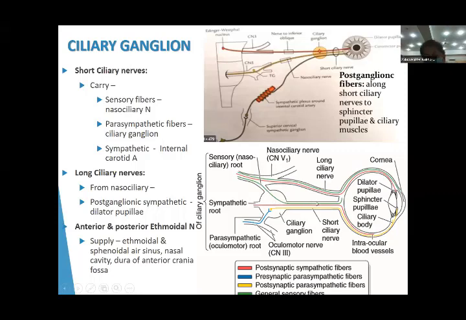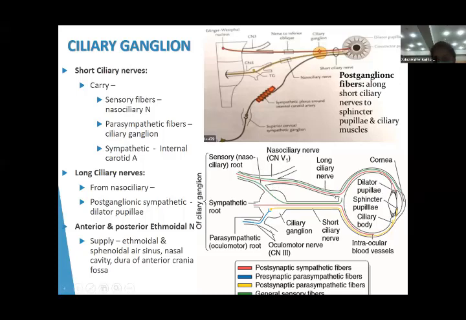Follow the red. This is for the supply of intraocular blood vessels. The sympathetic fibers supply the intraocular blood vessels, plus they also go and supply this muscle.